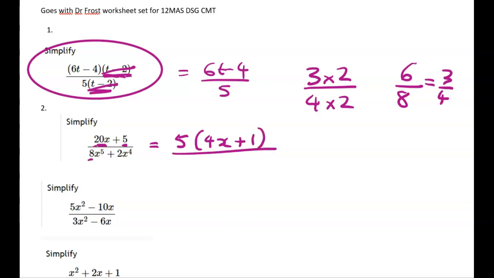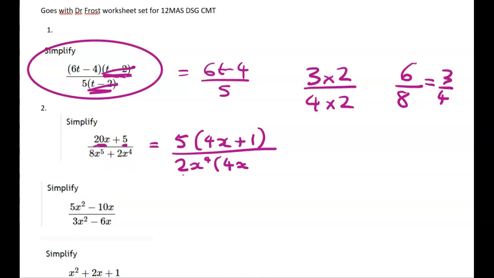Right, in the denominator, same thing again. Check the numbers. The highest common factor is 2. And now check the x part of the term. The highest common factor here is x to the power of 4. Right, now what will get me back to 8x to the power of 5? I need to times by 4 to match the 8, and I need to times by another x to match the x to the power of 5.